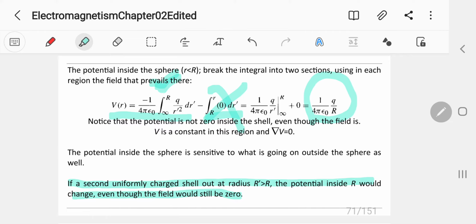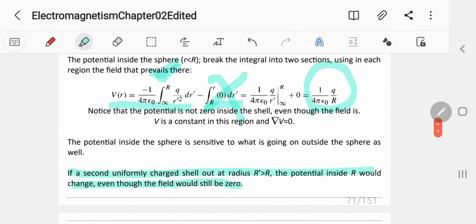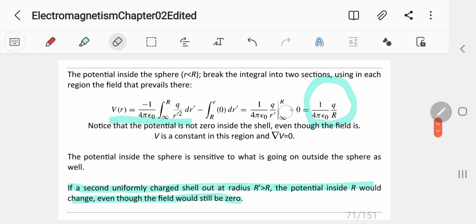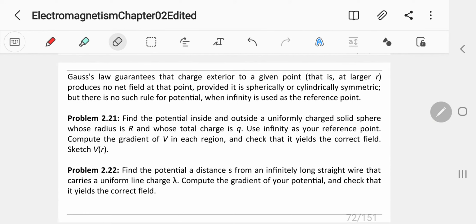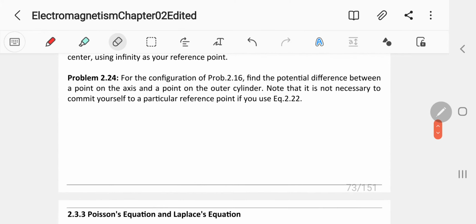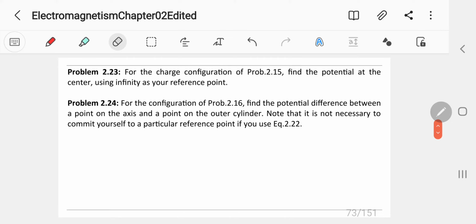Any point there would have the same potential, but it's not 0. Of course, the electric field inside the configuration would be 0. You have here some problems which you can solve in your free time.